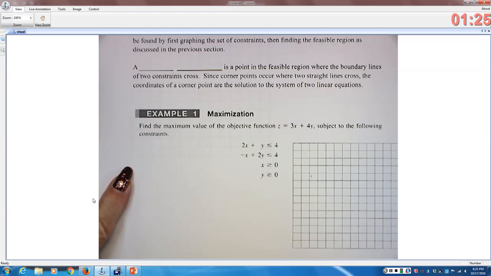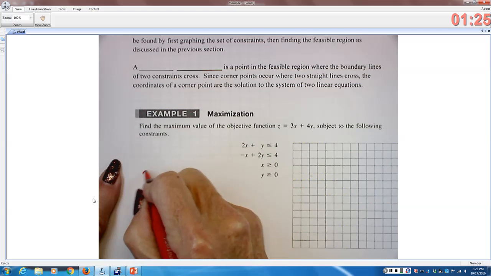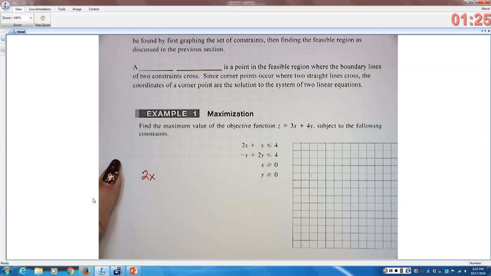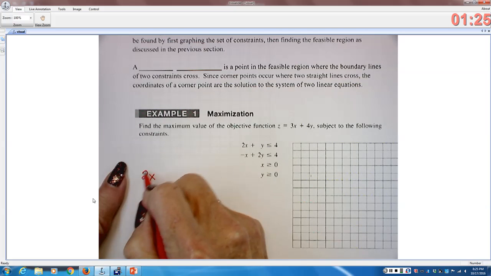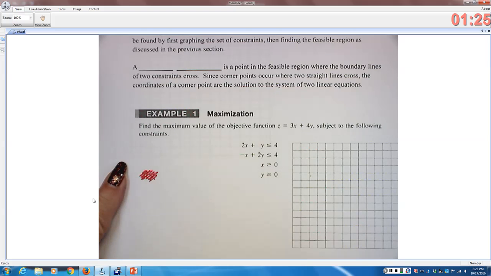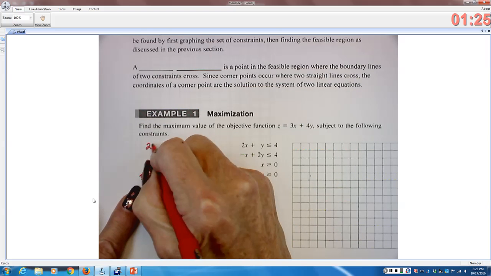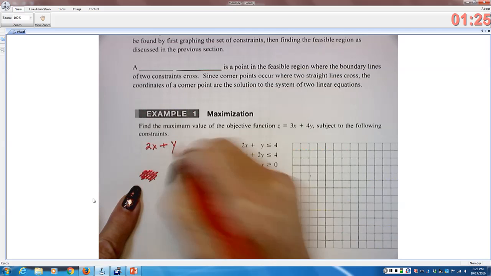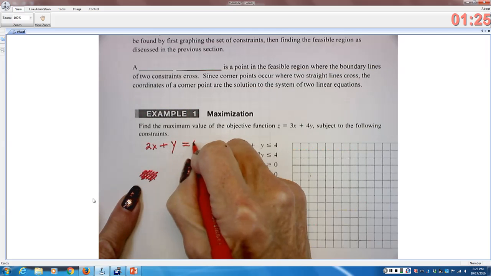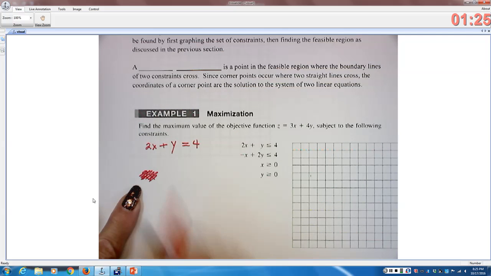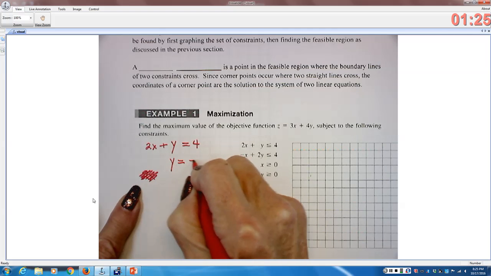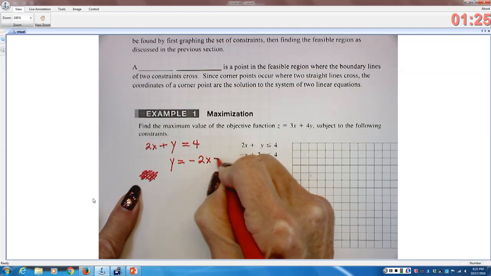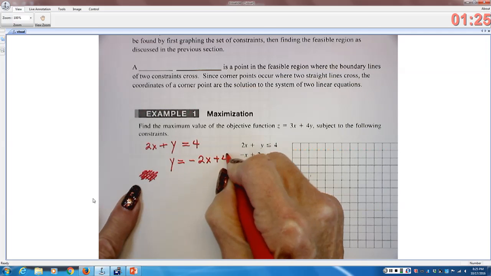You can get point A by setting, let's see, we're going to need to solve these both for y. So we're going to take 2x plus y equals 4, that's the boundary line, and we're going to solve it for y. Okay?